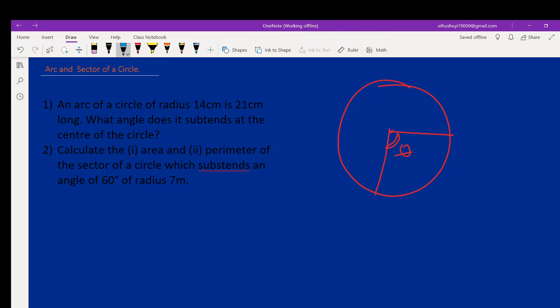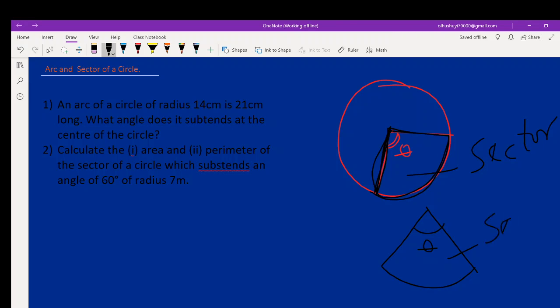This shape, please note, is called a sector. Let me draw it out. A sector has been formed. So we have a sector here.